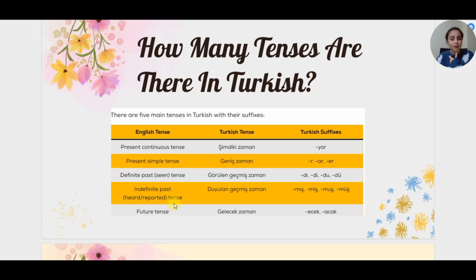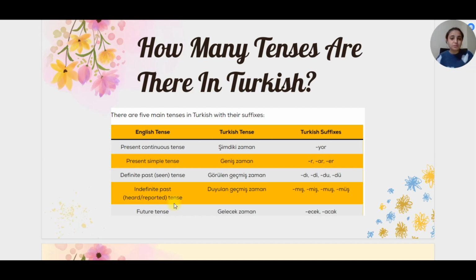In those kinds of things in the past, we use a different simple past tense. This is the reported past tense, and the suffix will change. You don't need to say I heard that in Turkish. You will add just the suffix -mış at the end, and that's it. The person already will know you're talking about something reported.